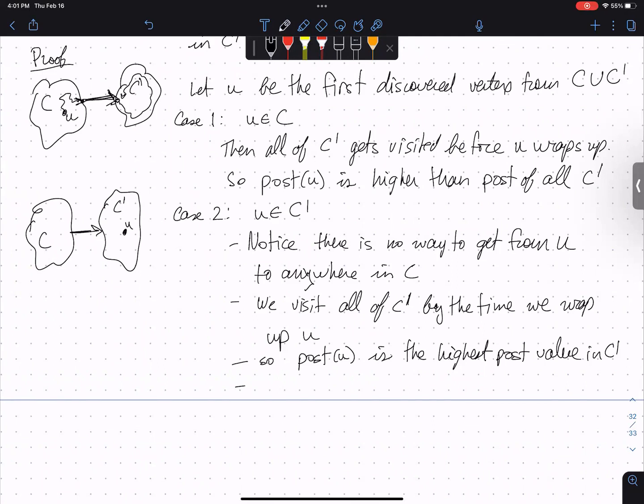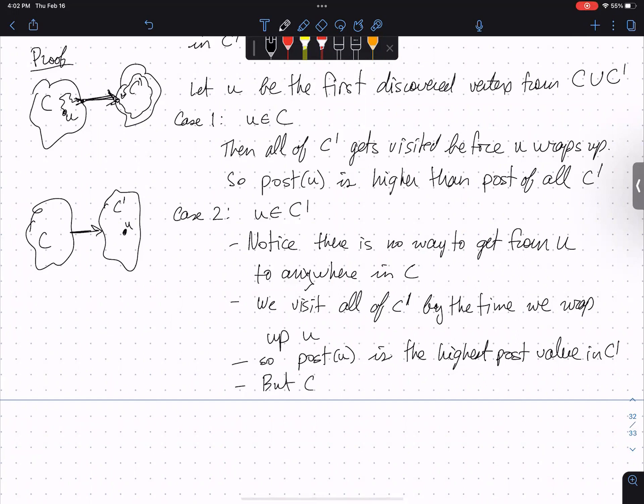So that means that we're going to wrap up C prime before we're done with U, and then U will have the highest post value in C prime. But C hasn't even started to be explored, right? We assume that U is the first vertex in C and C prime that we hit. That means we haven't hit C yet.